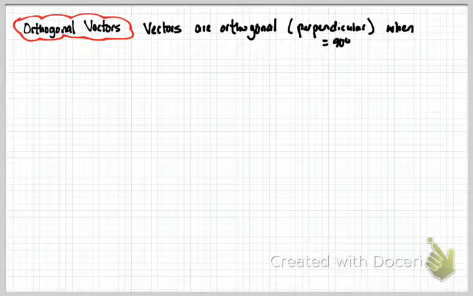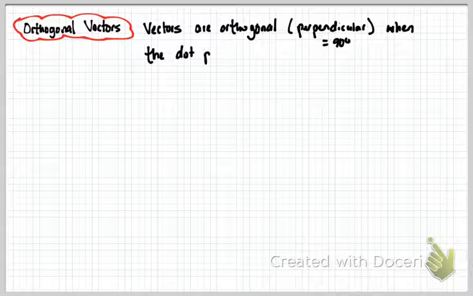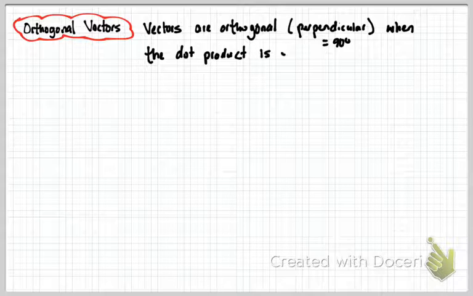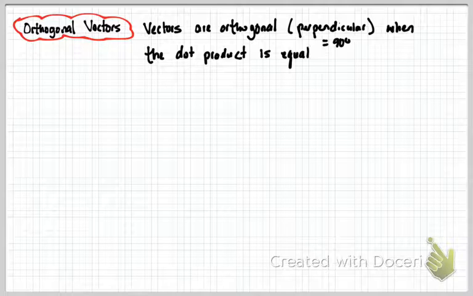Vectors are orthogonal or perpendicular, equal to 90 degrees, when the dot product is equal to 0.